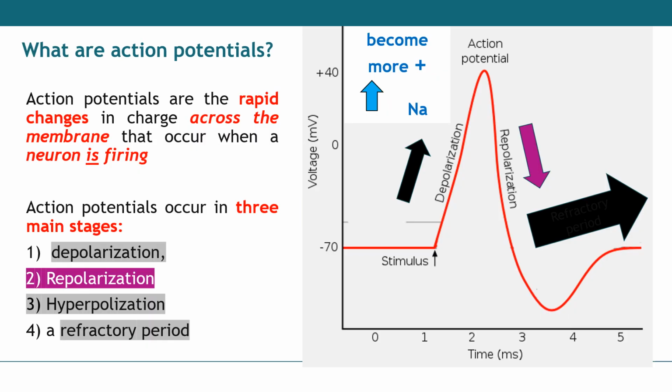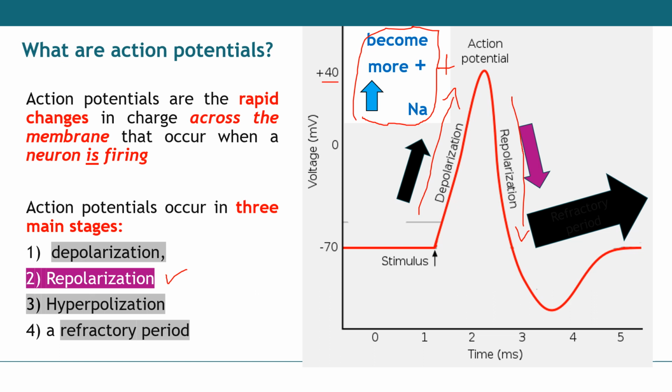In this section, the main idea is we know that cells were depolarized, so we changed the concentration of sodium inside of the cell and increased the positive charge. Now we're going to do the opposite. We're going to make it more negative, and how do we do that?